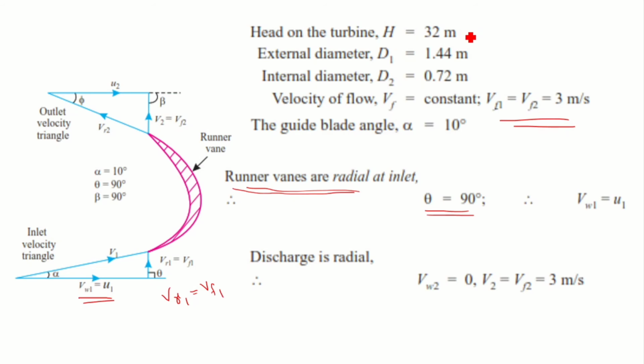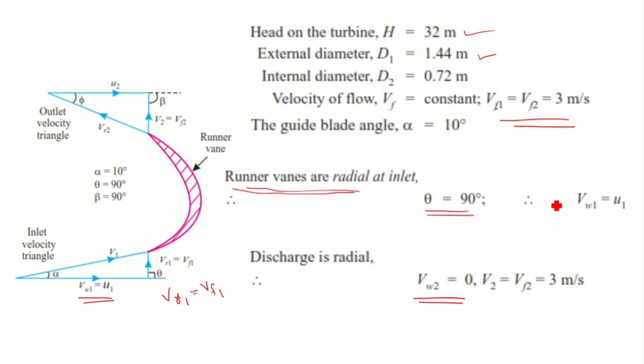Head on the turbine is given 32 meter, external diameter 1.44 meter and internal diameter 0.72 meter. So the discharge is radial. Discharge is radial means we know that Vw2 is equal to 0 here. Vw2 is equal to 0. V2 is equal to Vf2.